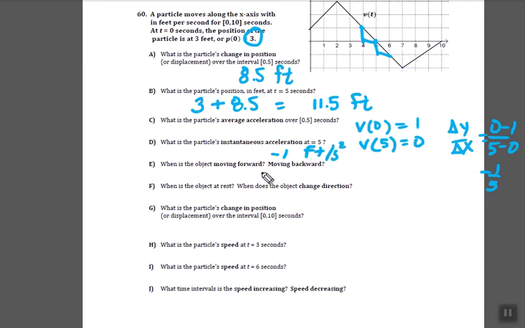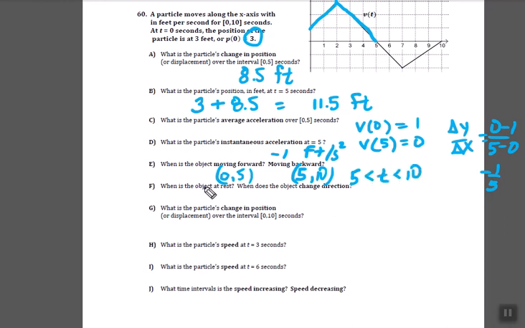Moving backwards or forward is just knowing the velocity, positive or negative. Velocity is positive all here, so forward, 0 through 5 seconds, you're moving forward. Backwards, the velocity is negative, so that'd be 5 through 10 seconds. Remember, you could also write 5 is less than t is less than 10 if you prefer.